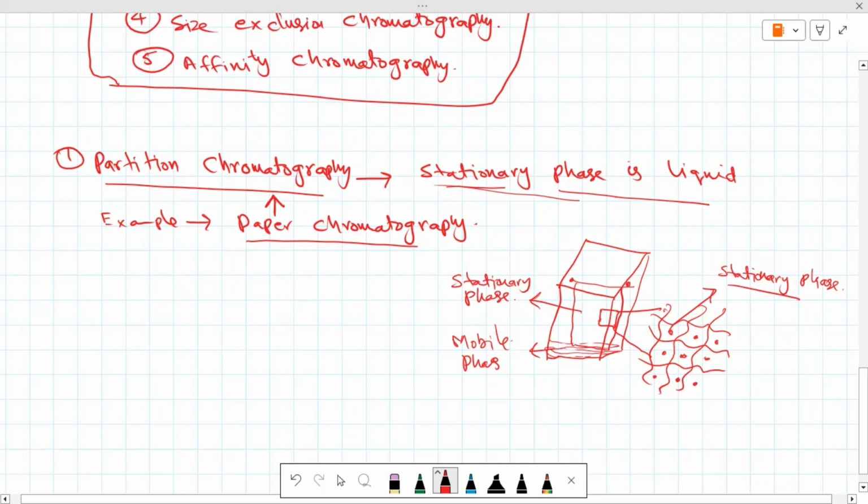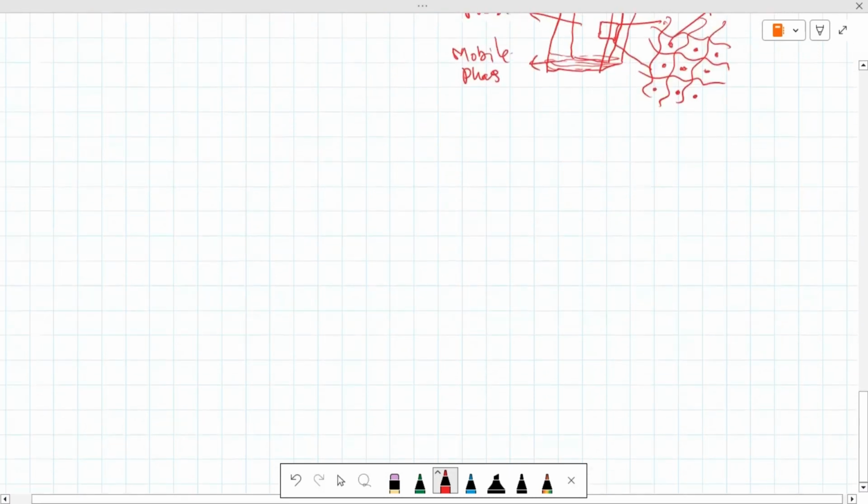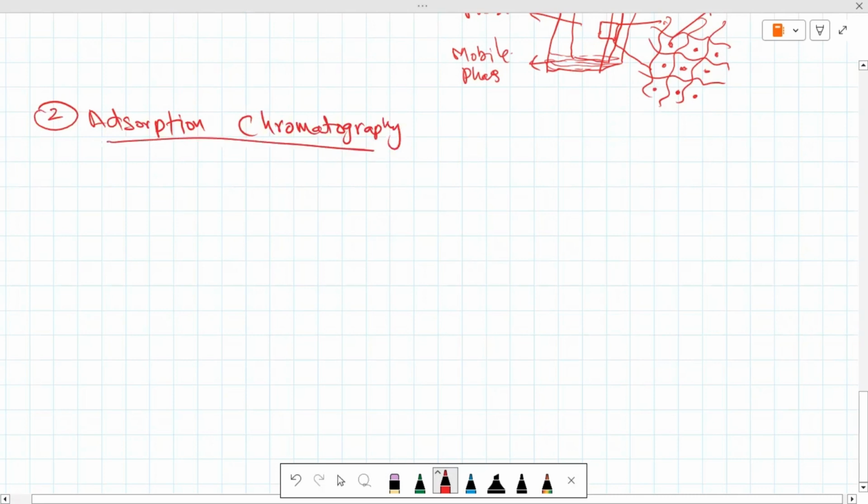Next, number second is adsorption chromatography.